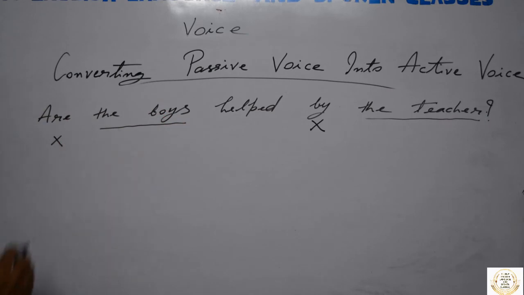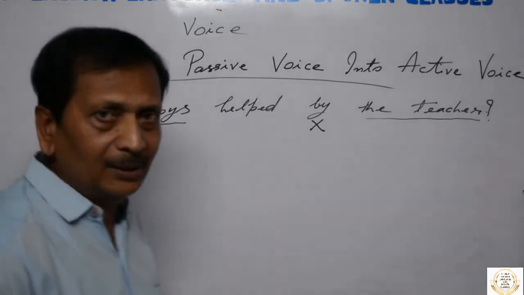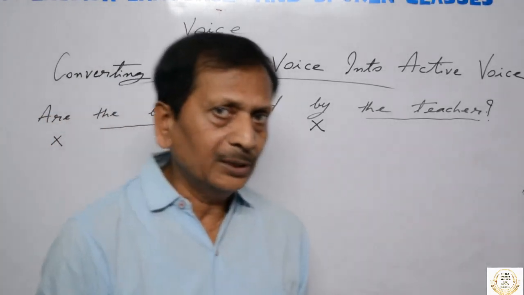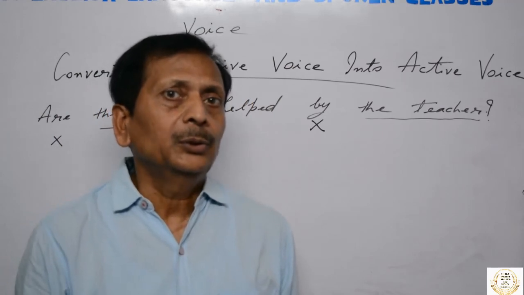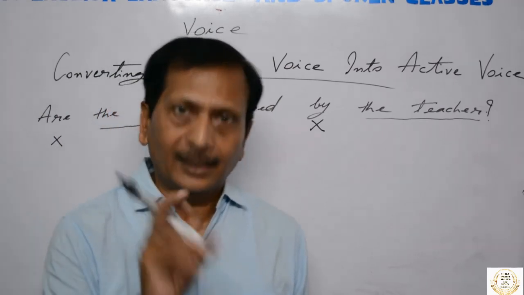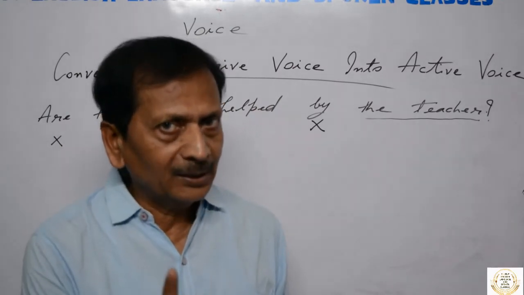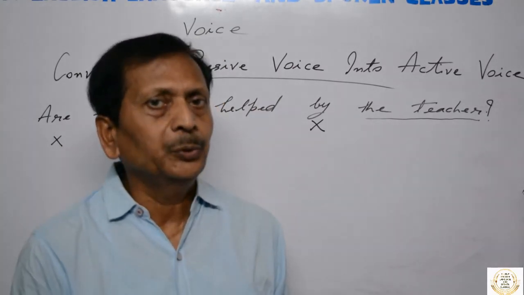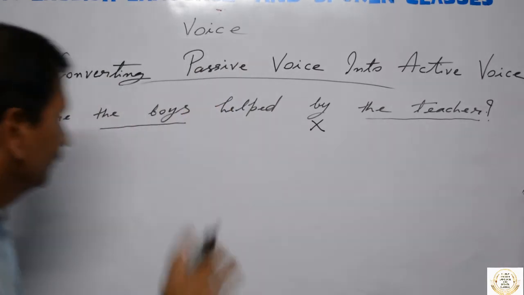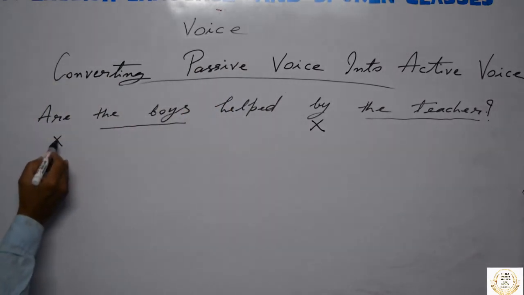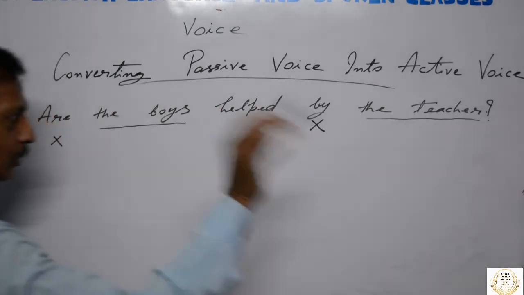This is simple present tense, and this is an interrogative sentence. For simple present tense, when you use it as interrogative, you know to use do or does. Clear? I am talking about the interrogative sentence of simple present tense. We use do or does in the beginning. Okay? You can't use are, because it is a specially used word for passive voice. You can't use by, it is okay.